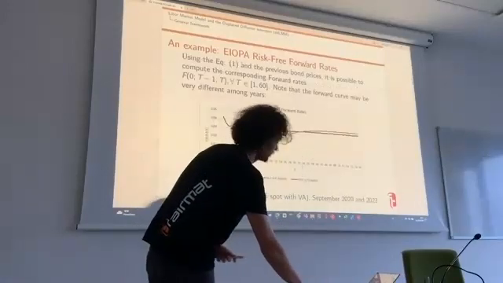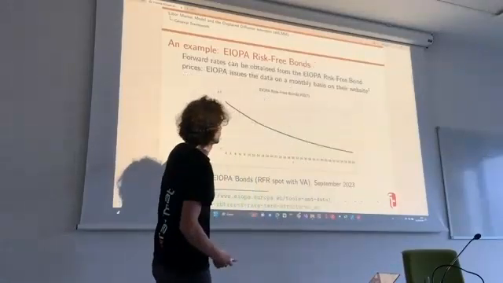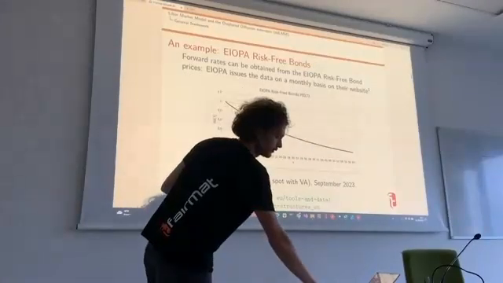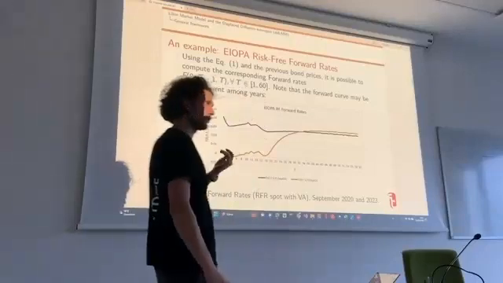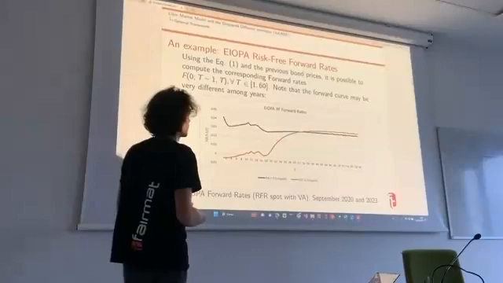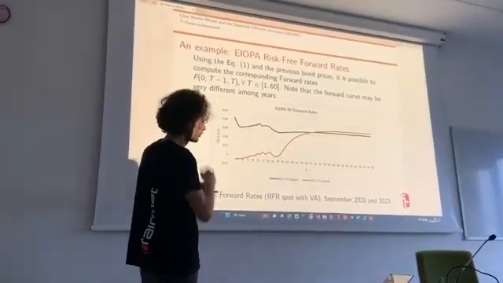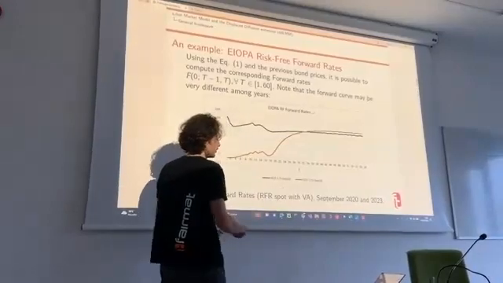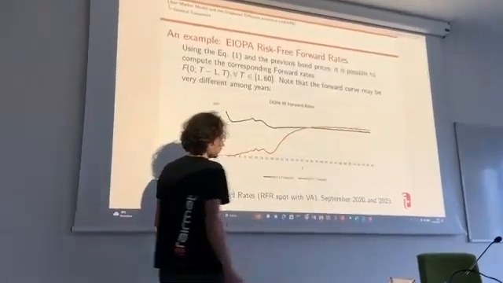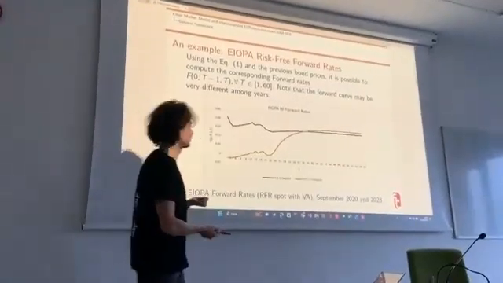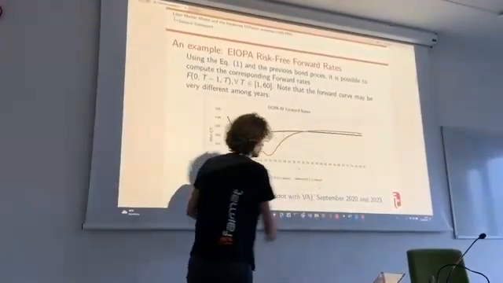Okay, so given the bond prices curve, we can compute the forward curve, because of the previous formula we have seen. Here I reported two different curves, one for September 2023 and one for 2005.